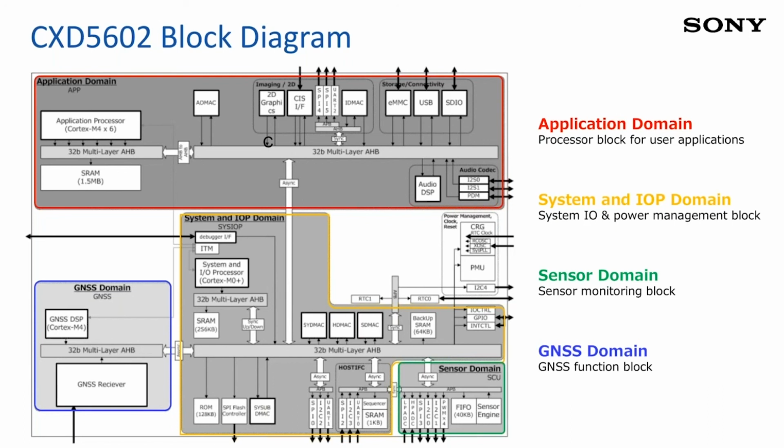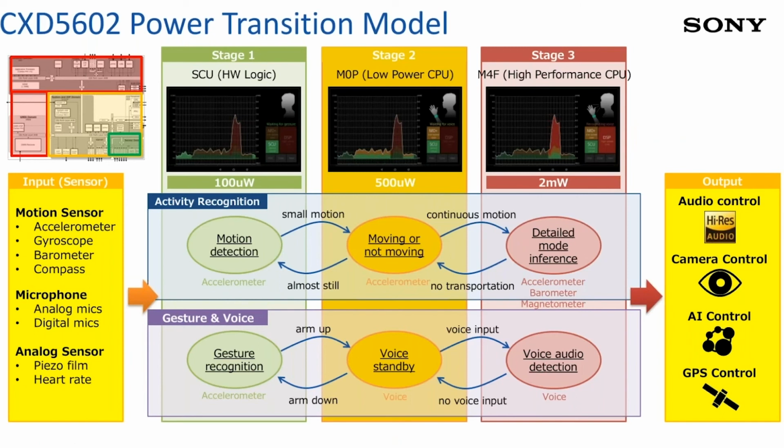Another good way to explain this is if I show you the power transition, how it's happening from one stage to another stage, and I'm highlighting the amount of power that I'm using. So ignore the middle blocks. Just look at the two yellow ones on the side, and on the top corner I am just highlighting the different blocks that we have at the block level, right?